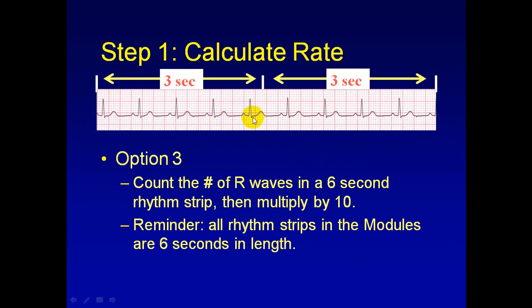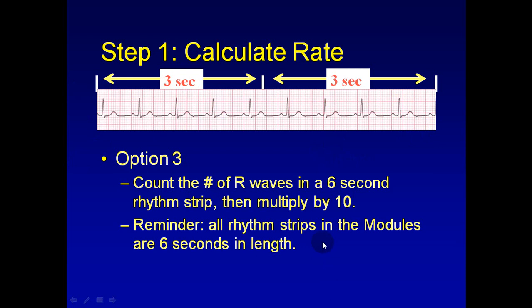If we take 6 seconds, 30 large squares, count the RR waves times 10: 1, 2, 3, 4, 5, 6, 7, 8, 9, and a half, so 90 plus 5, so the rate is 95.